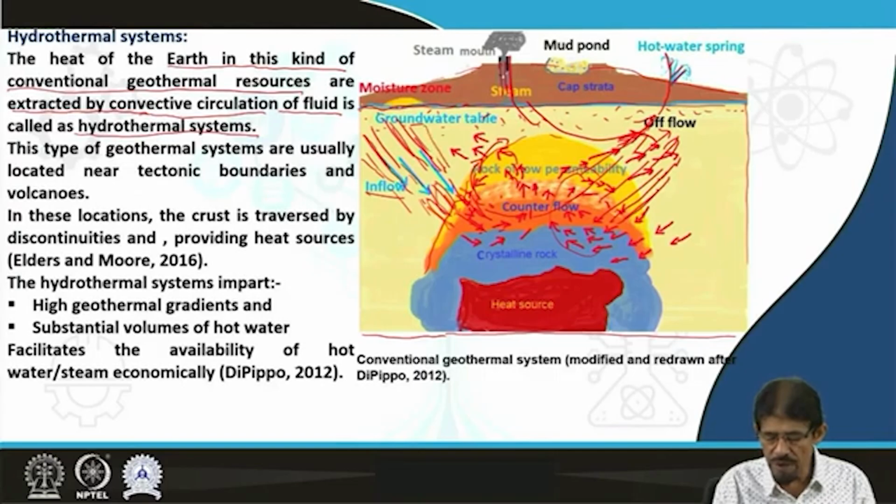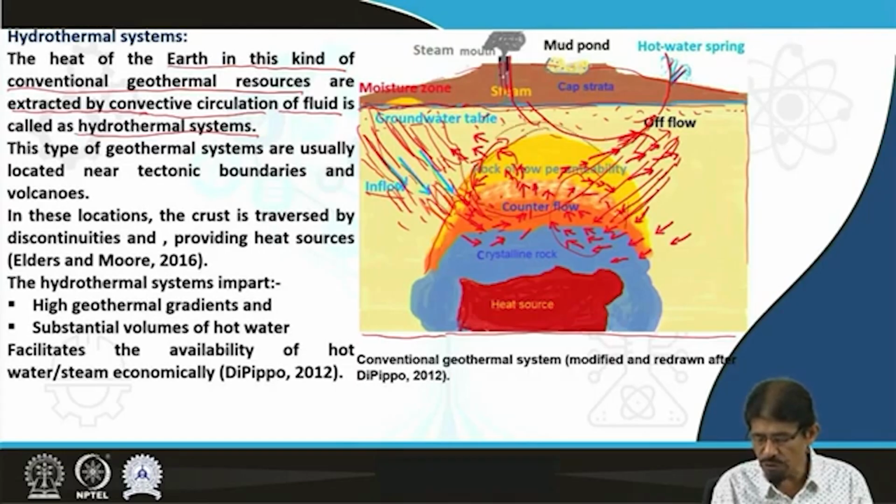Where fluids are available, the movement of the fluid from the upper surface area or subsurface area toward the heat source creates a difference in temperature due to heat exchange from the source, and in this situation the fluid starts making convection currents due to the temperature difference.